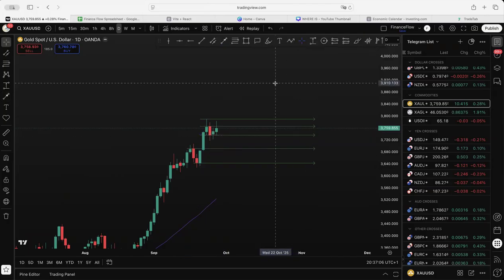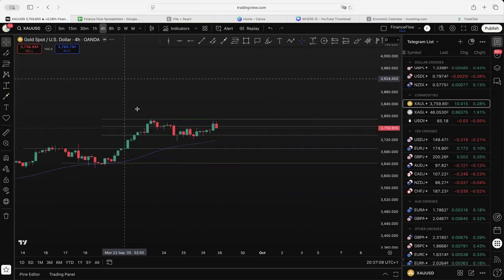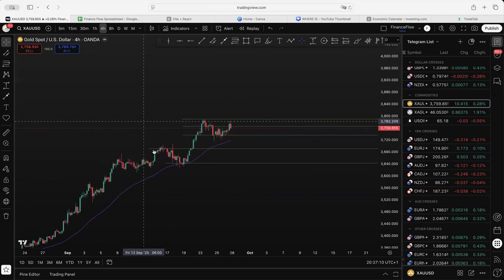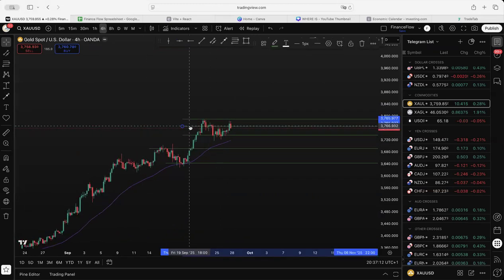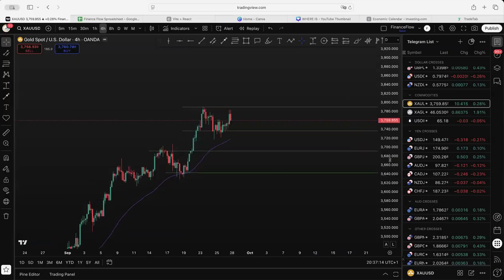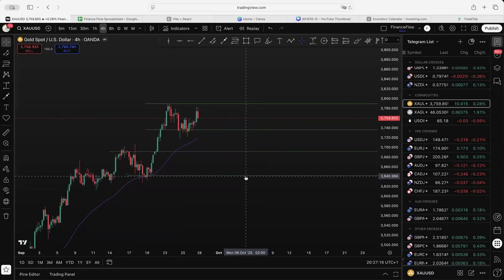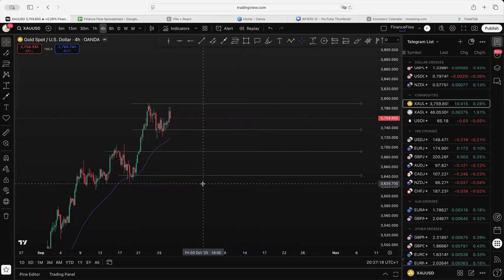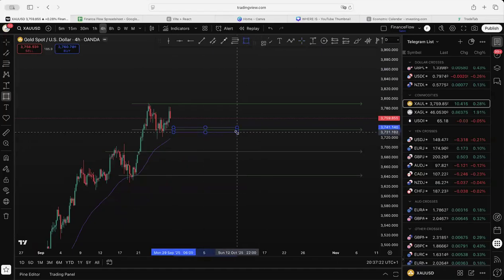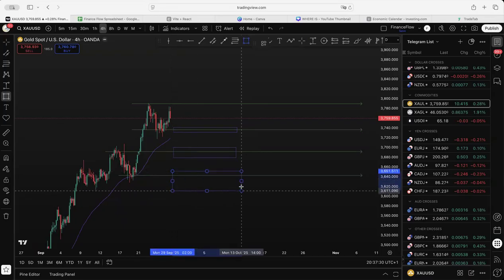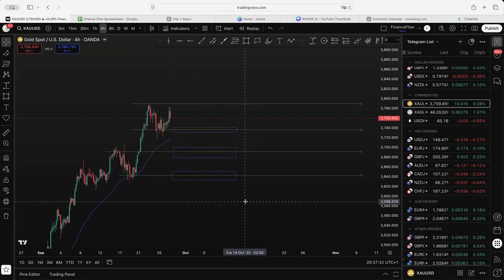You could argue it is all due to the tariffs. I'd probably take out this one here, and I'd be looking to buy, like I always mention, from any of these three areas here. That would be one. This would be number two. Very, very easy. Don't overcomplicate it. And this would be number three here. These would be the three areas where I'd be looking to buy.